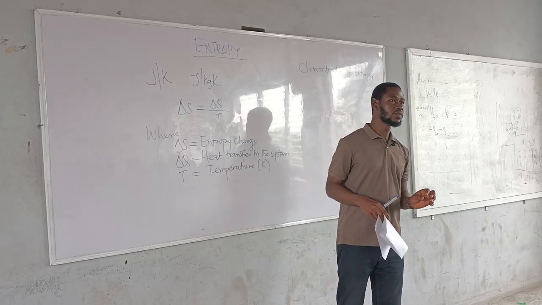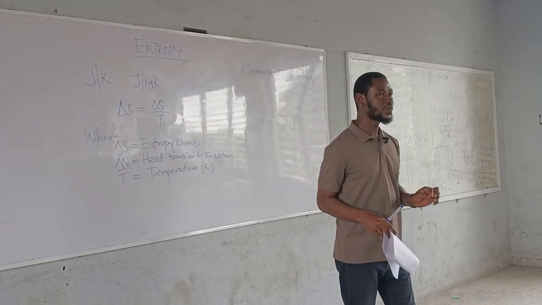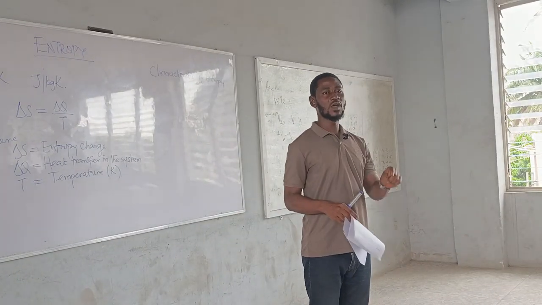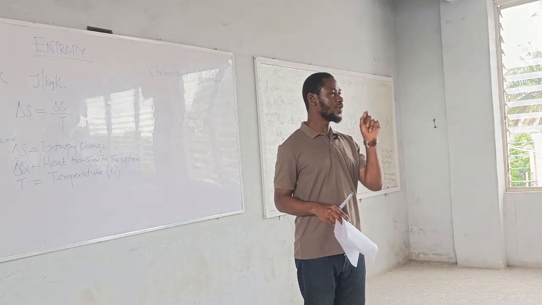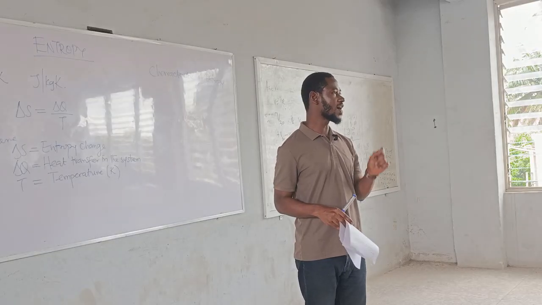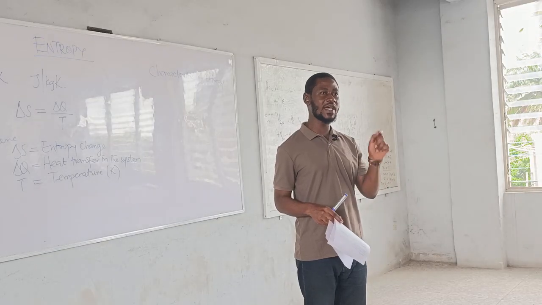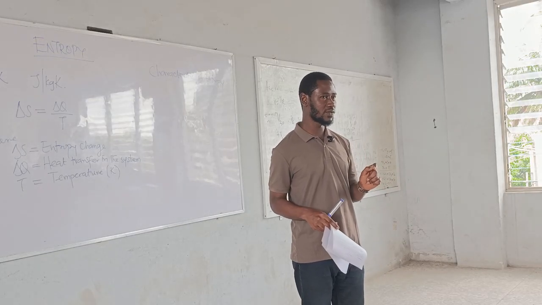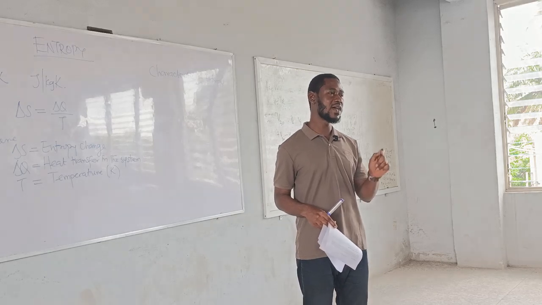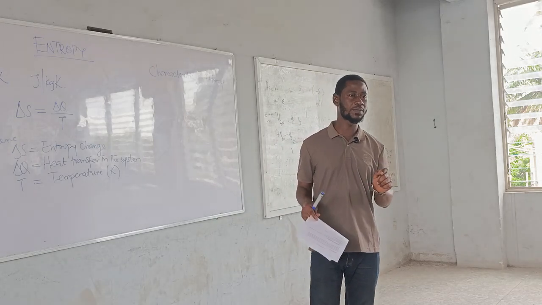The third one: entropy change becomes zero when we have a reversible adiabatic process, which is also known as isentropic.